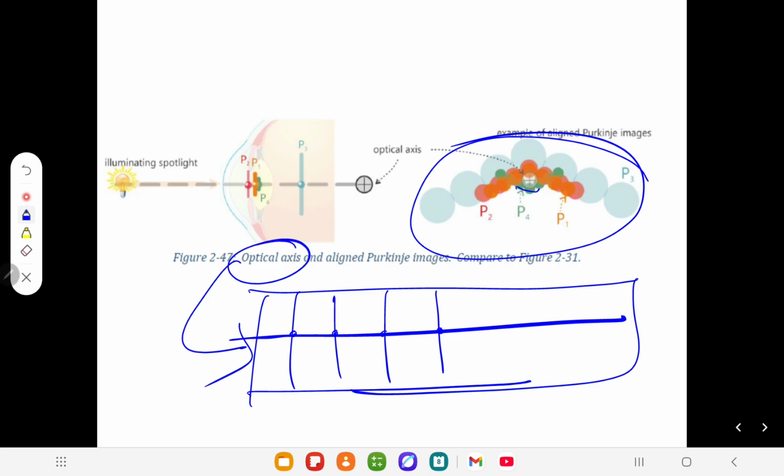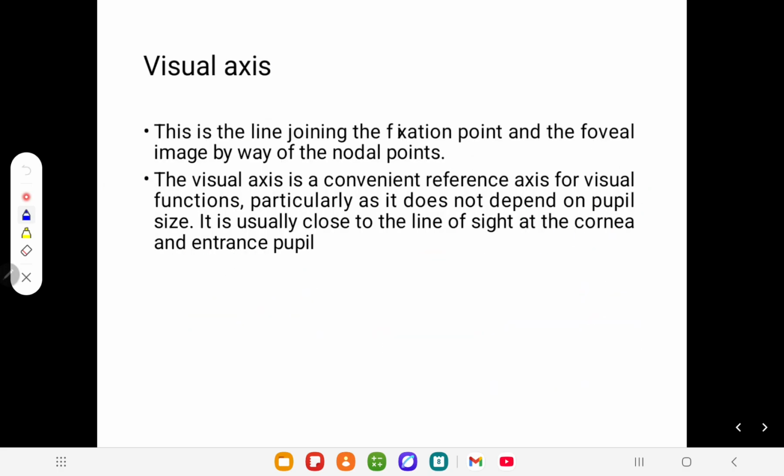You can see P1, P2, P4 are there, and one is inverted, so it's quite impossible to align all four Purkinje images in a straight line. That's why a true optical axis doesn't exist in our eye.